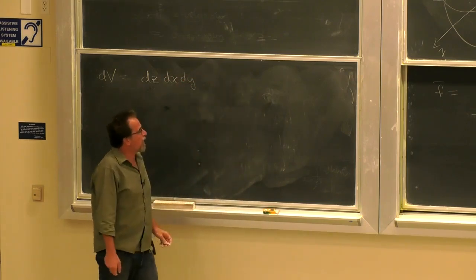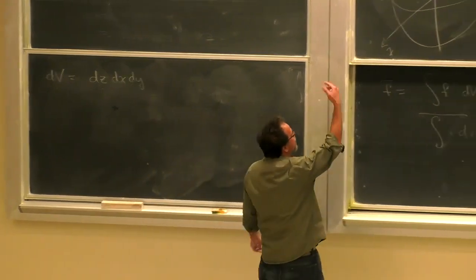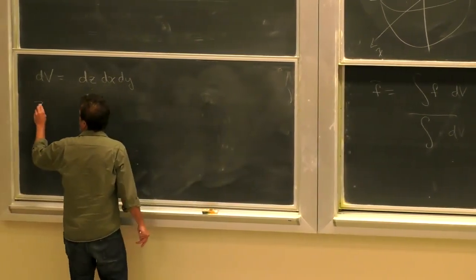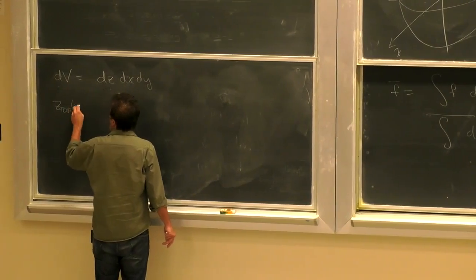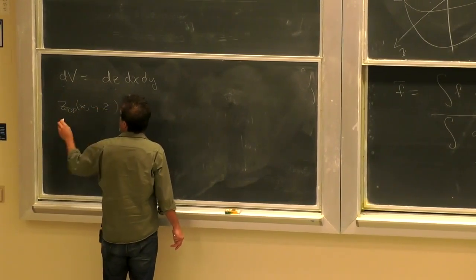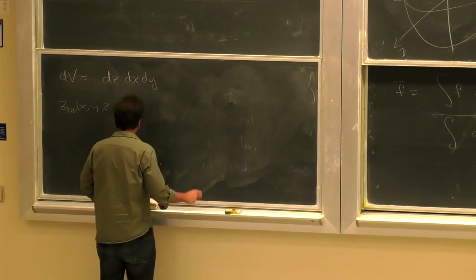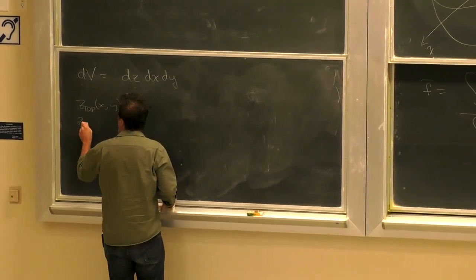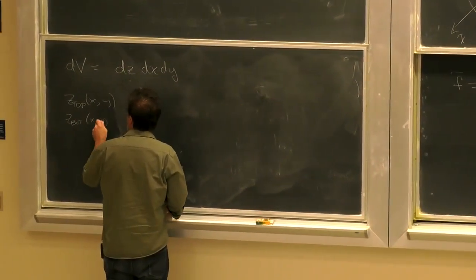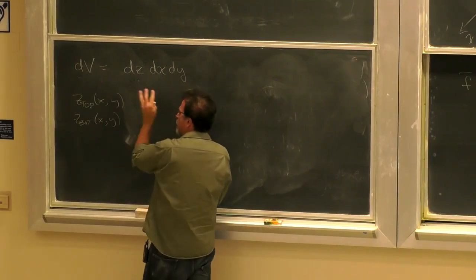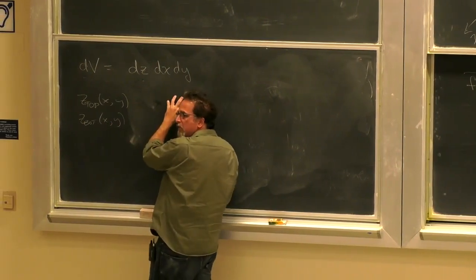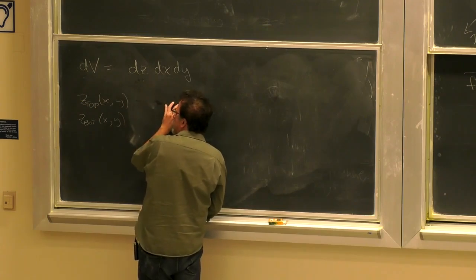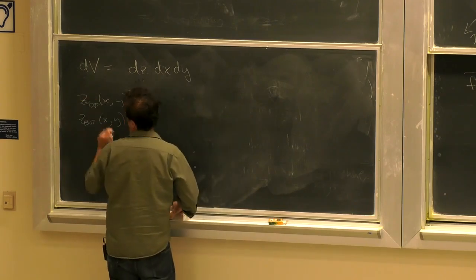So I have to figure out what my z top and z bottom are: z top of xy, z bottom of xy. That's a surface. That is one constraint. That'll be a function of only x and y. It says your top value is a function of x and y.